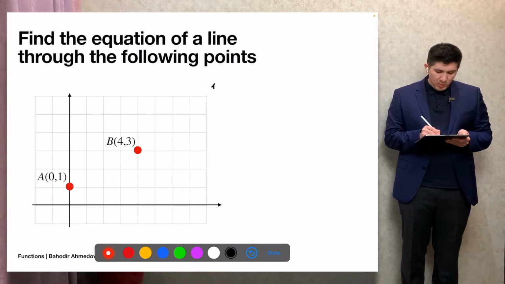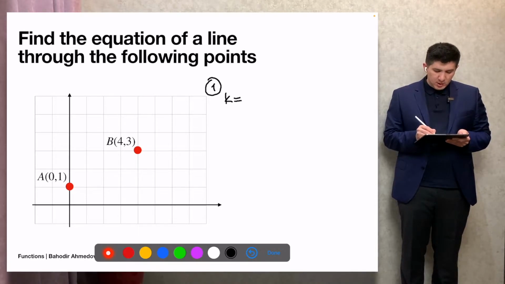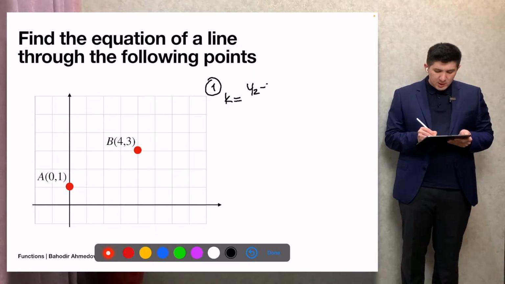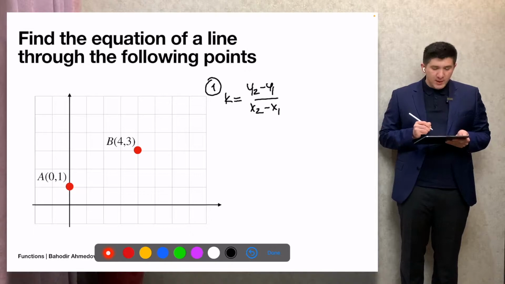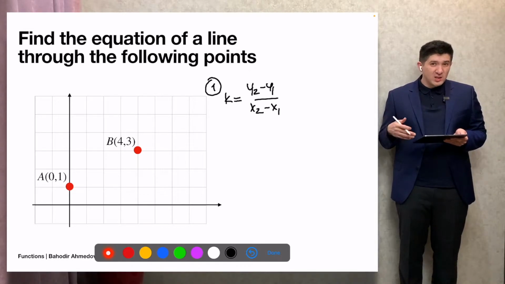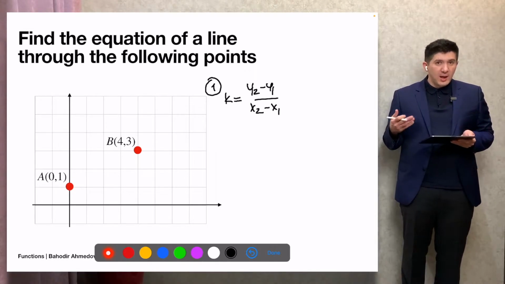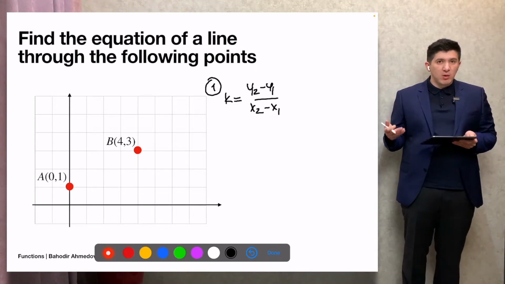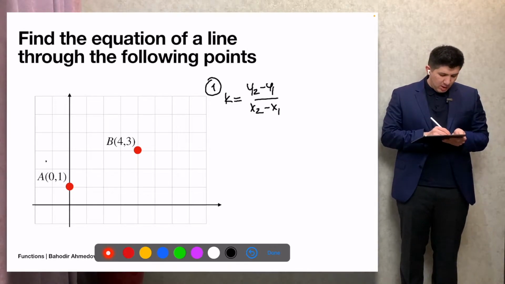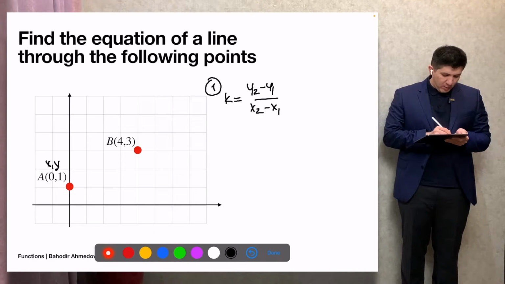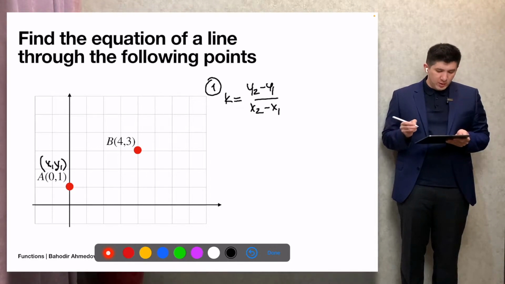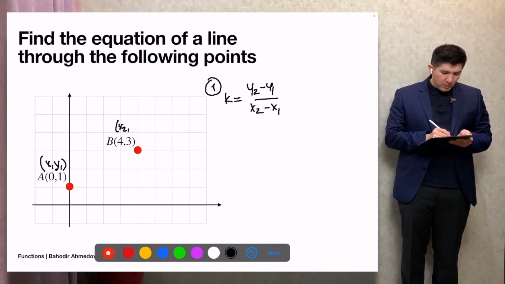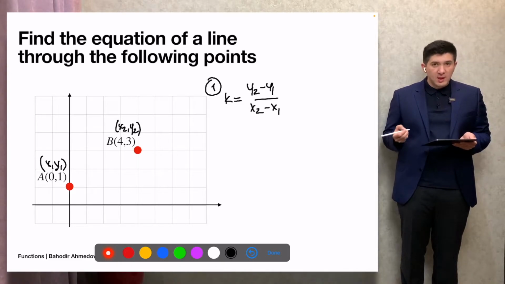In step number 1, we are going to find the slope of the line. So k is going to be equal to y2 minus y1 divided by x2 minus x1, where y2, y1, x2 and x1 are the coordinates of the points. x1 and y1 are the coordinates of the first point, and x2 and y2 are the coordinates of the second point.